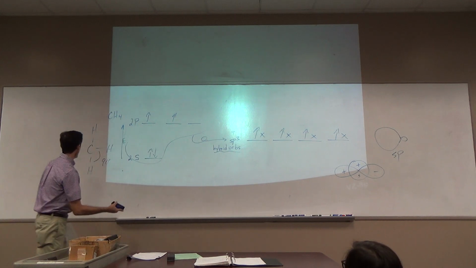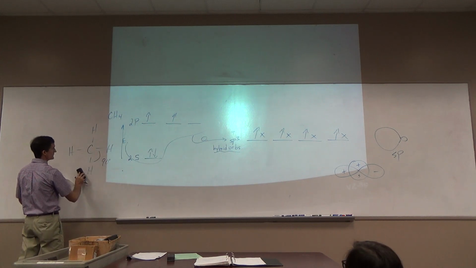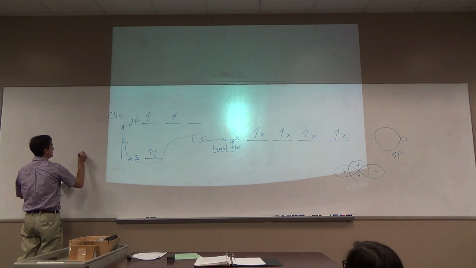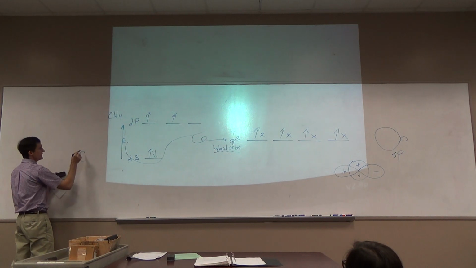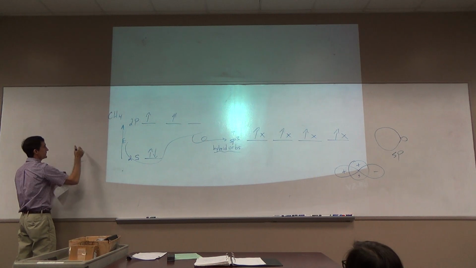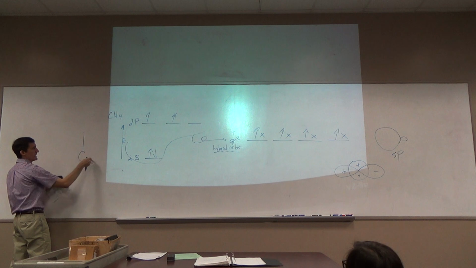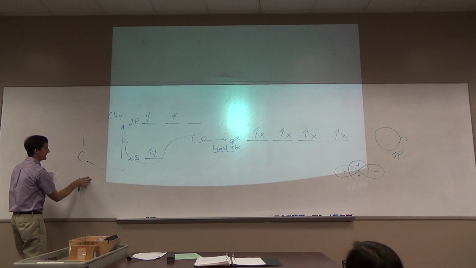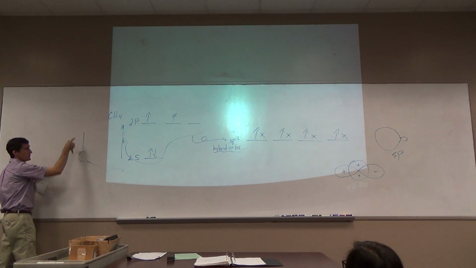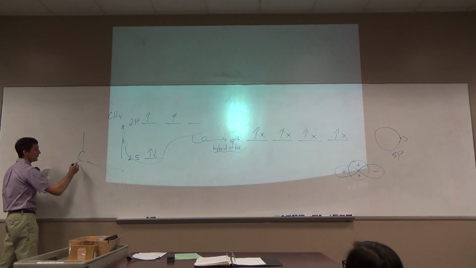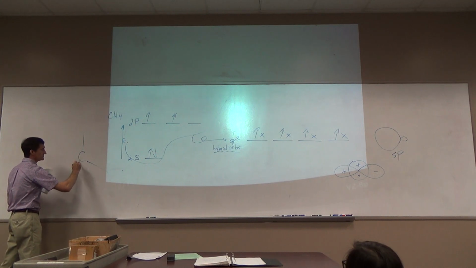We've got 4 of these. How are they spread out? I'm going to erase this here. Tetrahedral, not 90 degrees, but 109.5, greater than 90. How do you draw tetrahedral? 2 in the plane of the board, flat on the board. 1 forward, and 1 back.